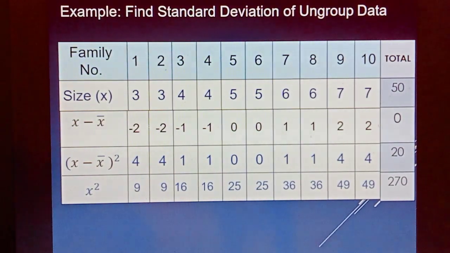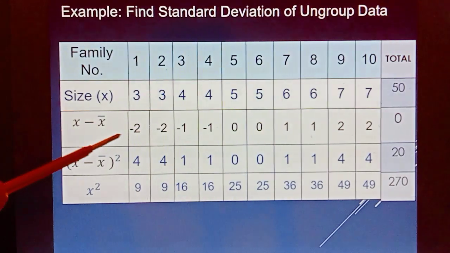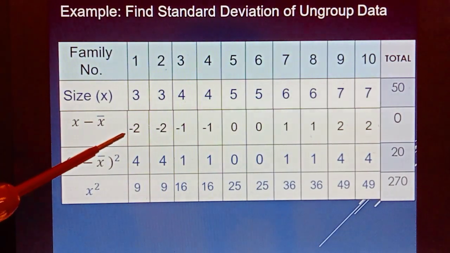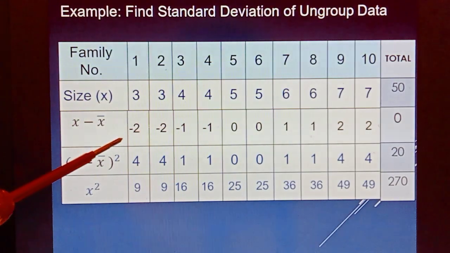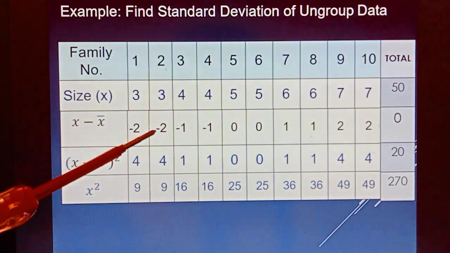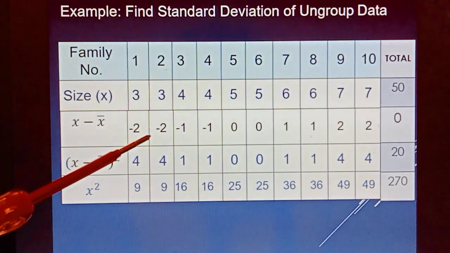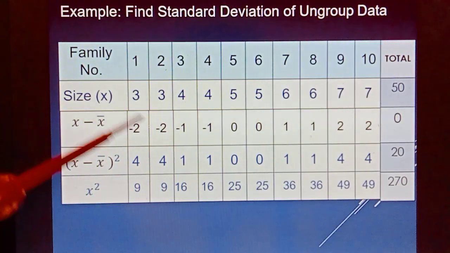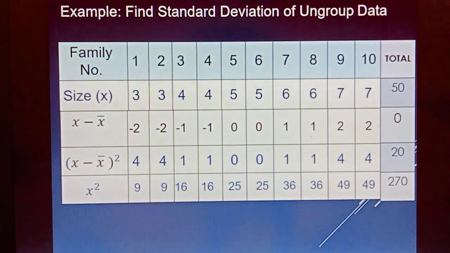We multiply this one, minus 2 times minus 2, we square this one, so we have positive 4. Minus 2 squared is 4. Minus 1 squared is 1. 1 squared is 1. 2 squared is 4. So, adding them all together, we have 20.